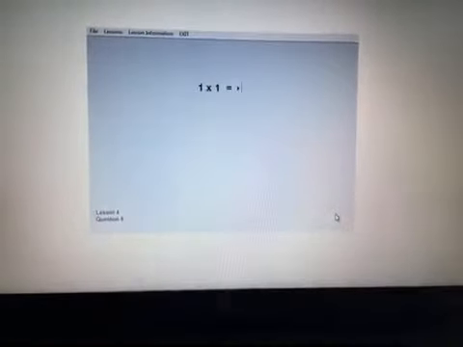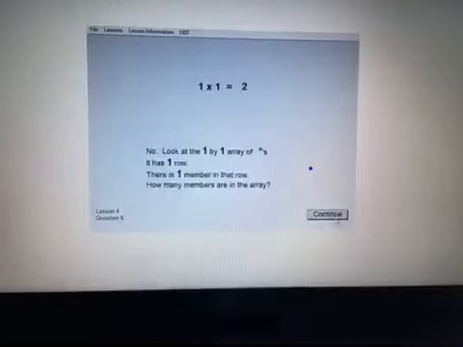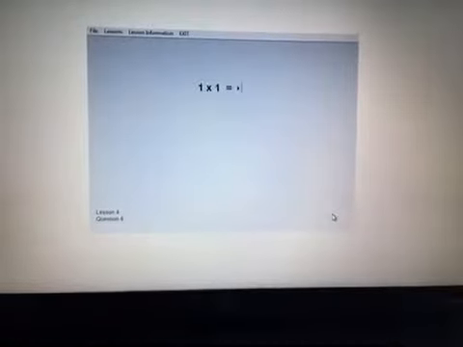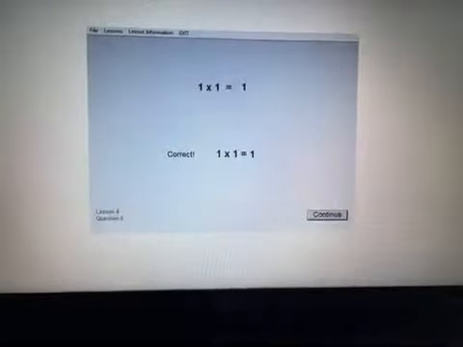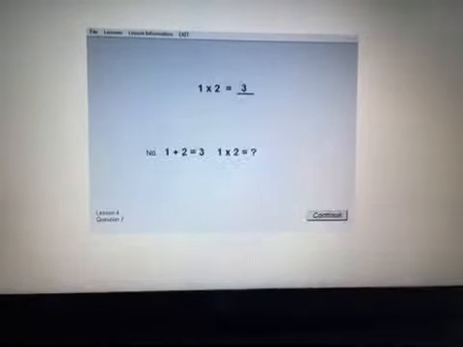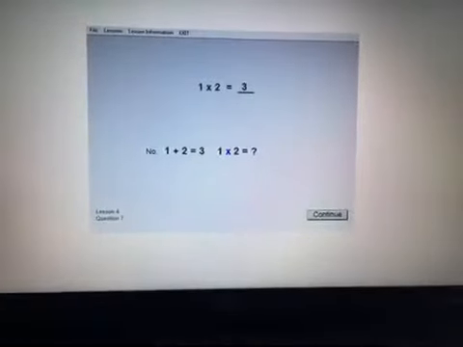Still get it wrong. So again, really anticipating the kinds of errors a student might make.